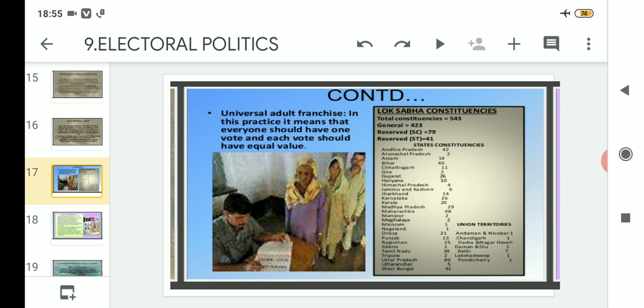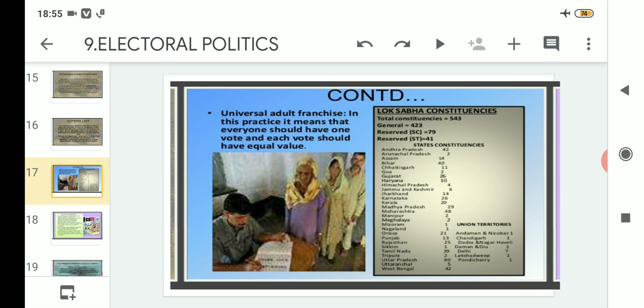Some states are very big in terms of area, and some states are smaller. So let us understand how 543 seats are divided among the different constituencies according to the states.